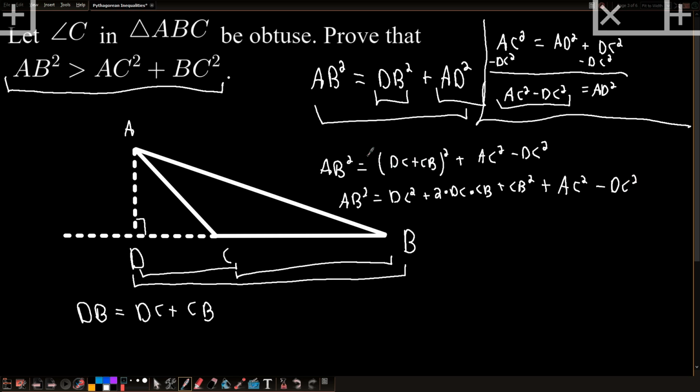So that's the result I get from expanding out this binomial squared, which hopefully we still remember how to do, especially since it was in one of our more recent lessons.